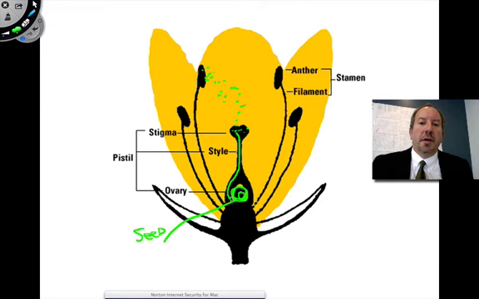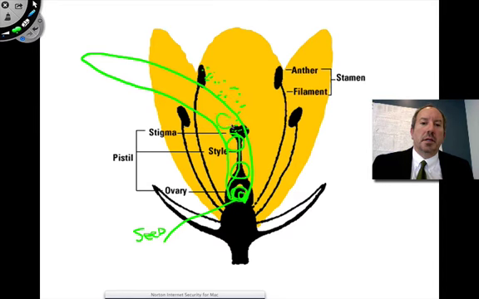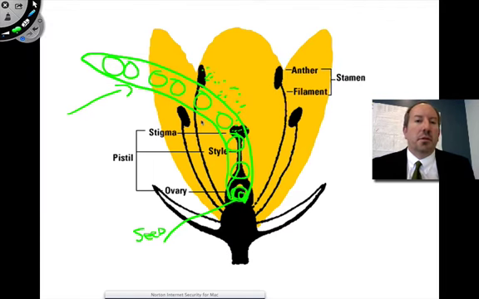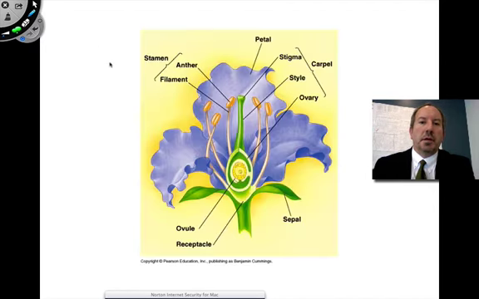And then the ovary will enlarge like this, and there could be more than one seed. The enlarged ovary is the fruit that we sometimes call the pea pod, and inside the pea pod are the seeds, which is the next generation. So these are the children. When you plant the seed, it'll eventually grow up into another pea plant.